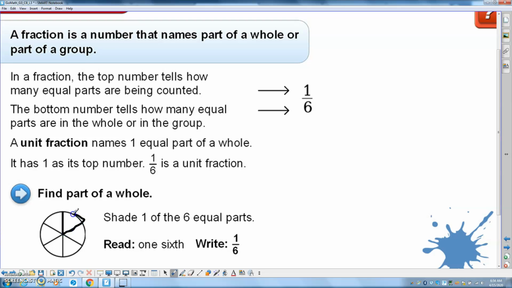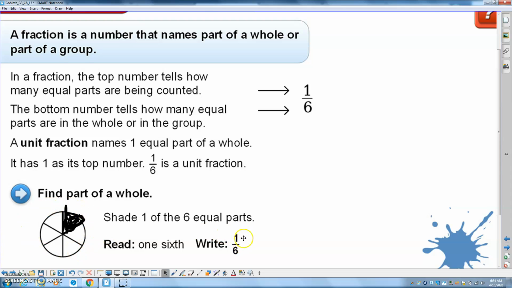Do the best I can to outline that. That is not a good shading right there. There we go. Good enough. So you can see, even though it's not a very good job of coloring in, there is one piece that is shaded out of the 6 total pieces that make up the whole.